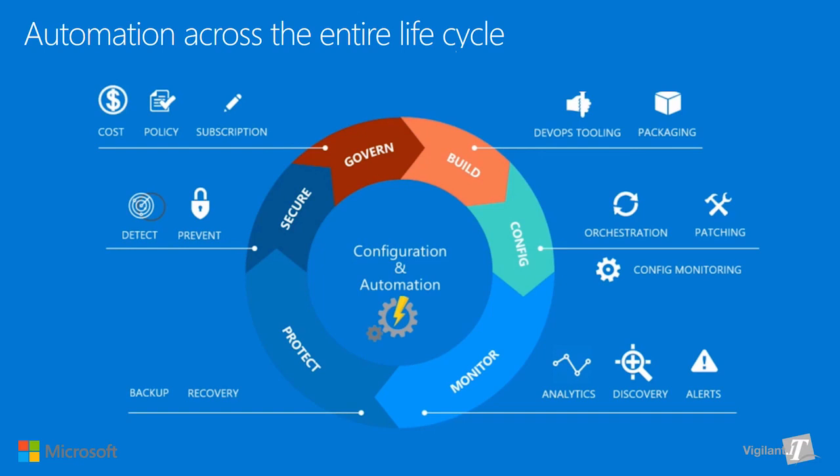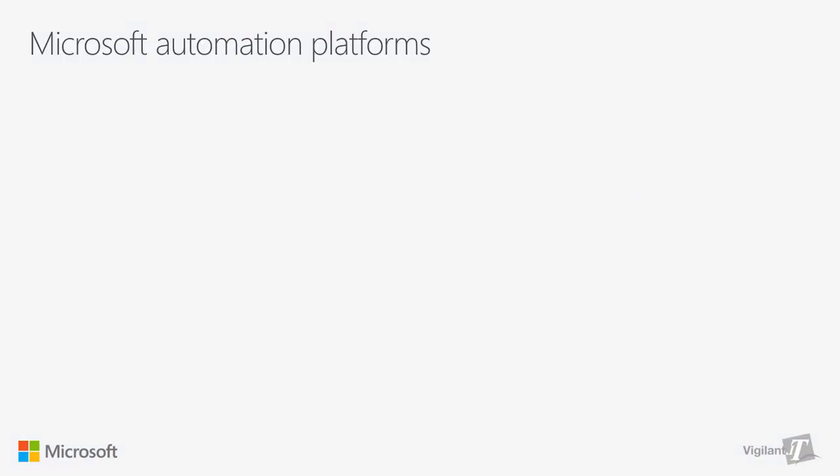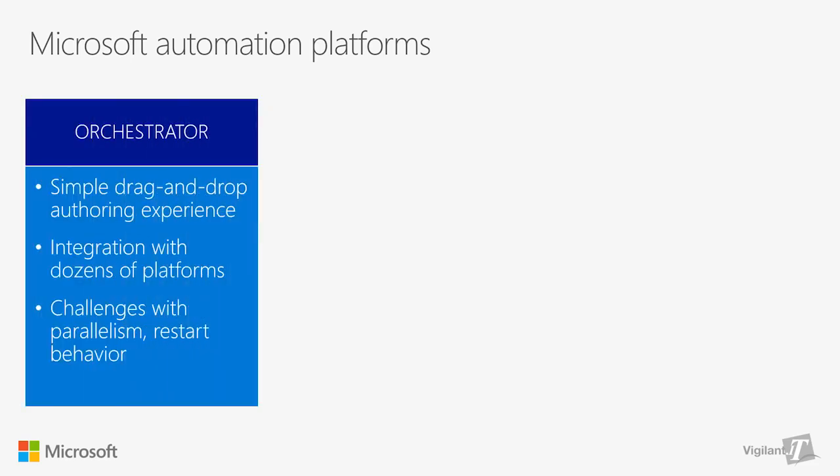Knowing the what and the why, we must of course now ask, how? What are the platforms Microsoft has so far put at our disposal to start implementing automation? Orchestrator was the first platform offered. It is a workflow-based engine that gave you a simple visual drag-and-drop authoring experience.